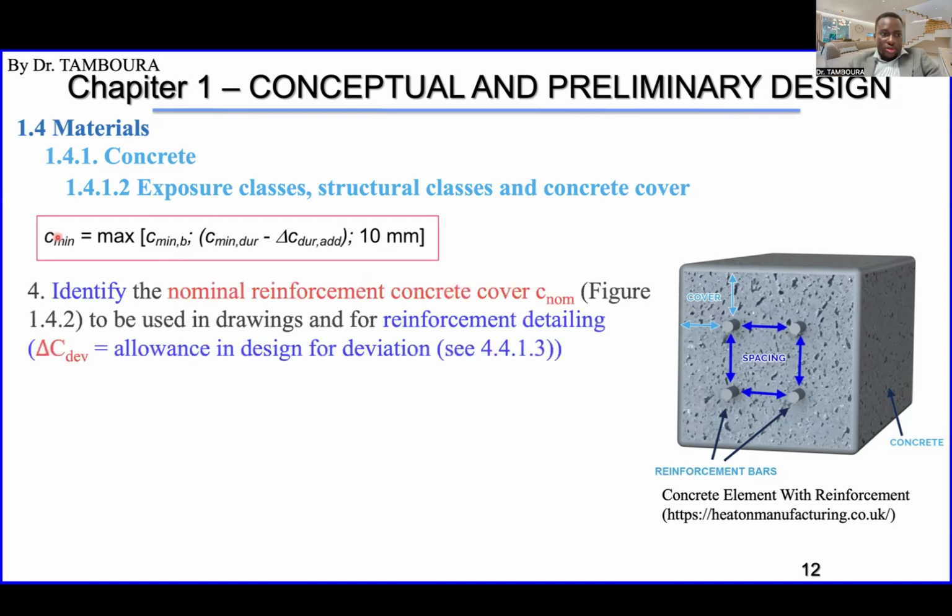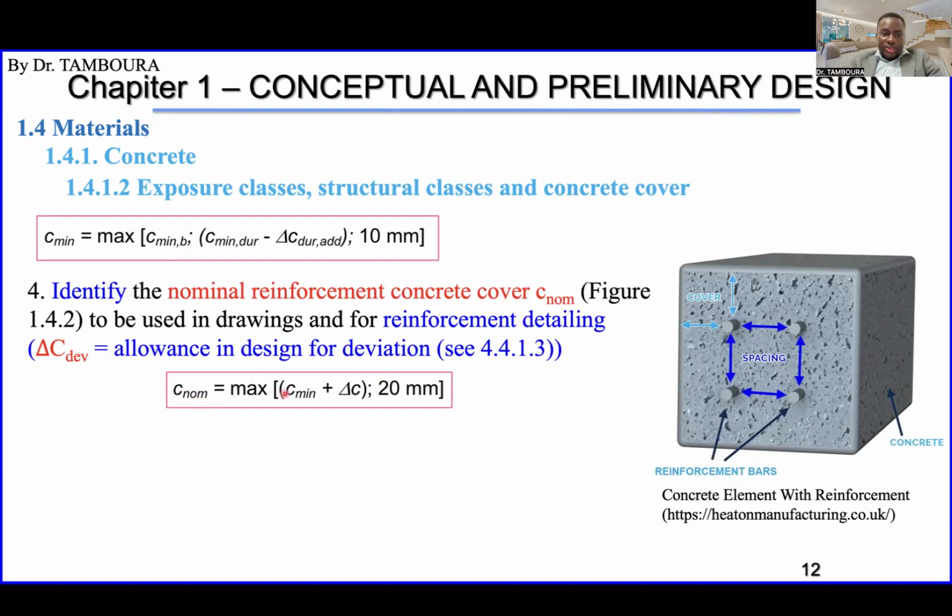You need still more. Step number 4 is to identify the nominal reinforcement cover, concrete cover, C nominal, okay? This is C minimum, but there is also C nominal. This C nominal is explained here.